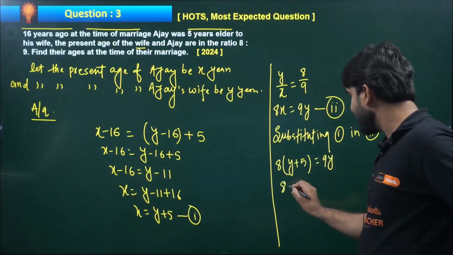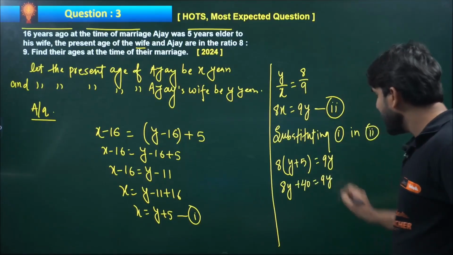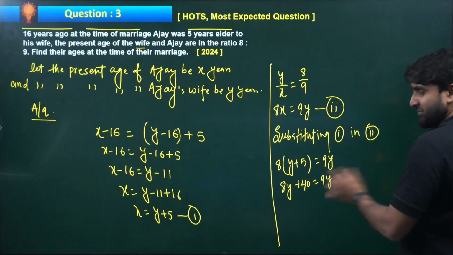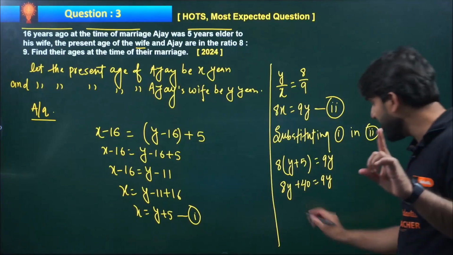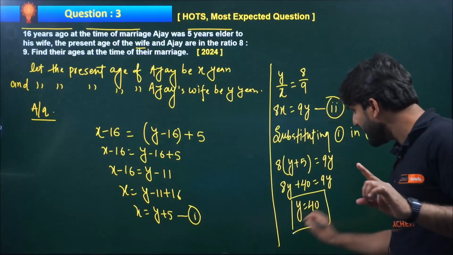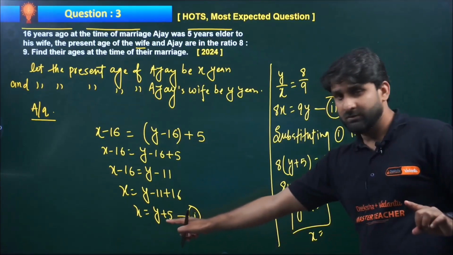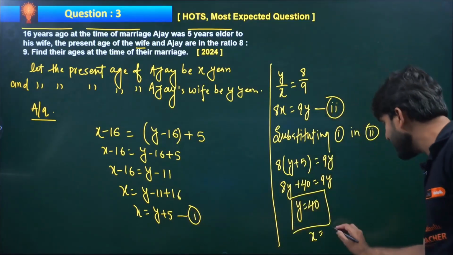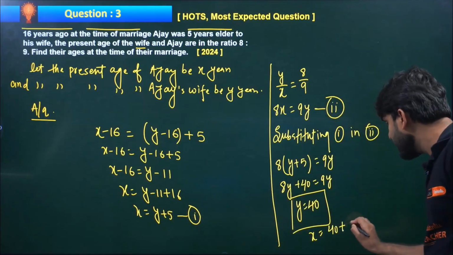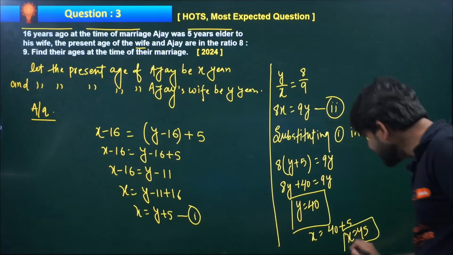Open the bracket, so 8y plus 8 times 5 is 40 is equal to 9y. Can we shift this 8y this side? So 9y minus 8y will be 1y. So y we have is equal to 40. And once you get y, you can get x. So x will be, on putting here, 40 plus 5, which is equal to 45. Is this the answer?